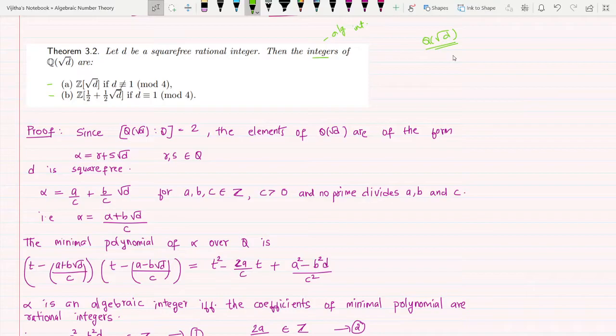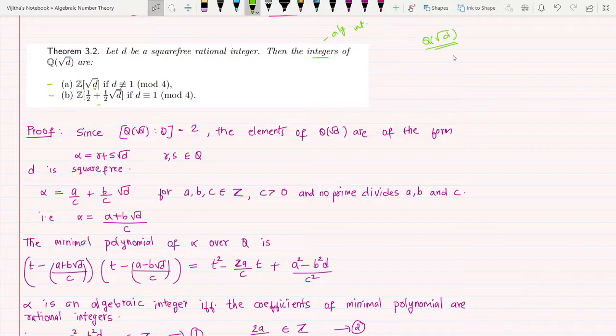It can be either Z of root D or Z of half plus half root D. If D minus 1 is a multiple of 4, the integers of Q of root D are of the form Z of half plus half root D. If D minus 1 is not a multiple of 4, then the algebraic integers of Q of root D are of the form Z of root D. This result is very important, and you have to remember the statement of the theorem exactly like this.